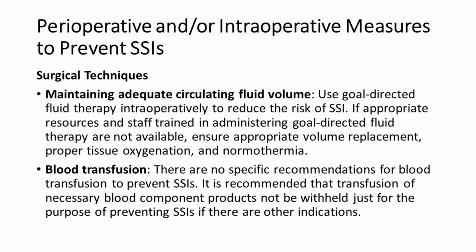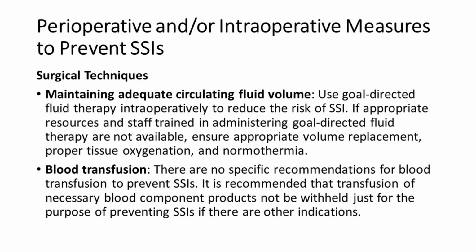If appropriate resources and staff trained in administering goal-directed fluid therapy are not available, ensure appropriate volume replacement, proper tissue oxygenation, and normothermia. Blood transfusion: there is no specific recommendation for blood transfusion of necessary blood component products.